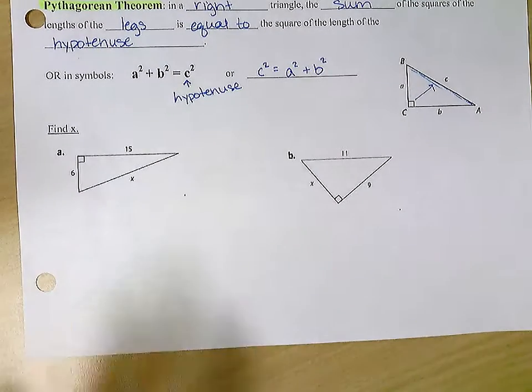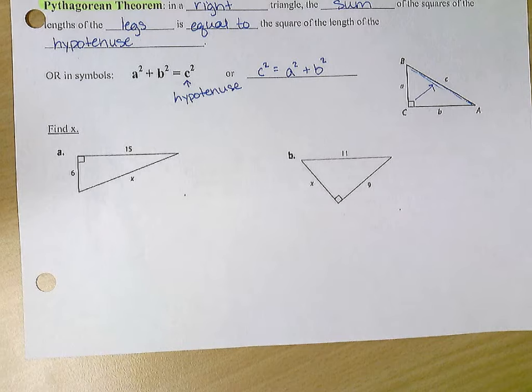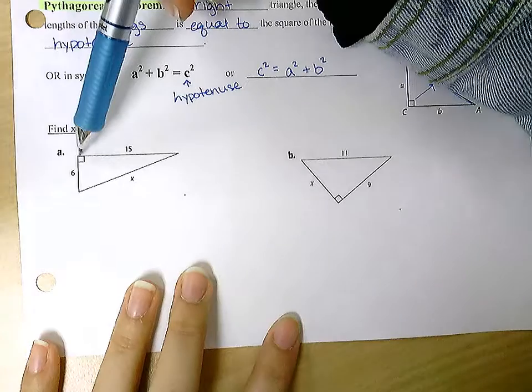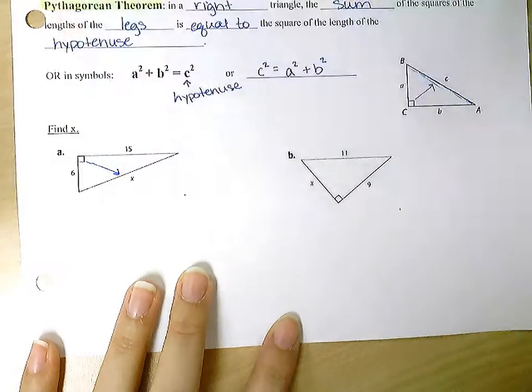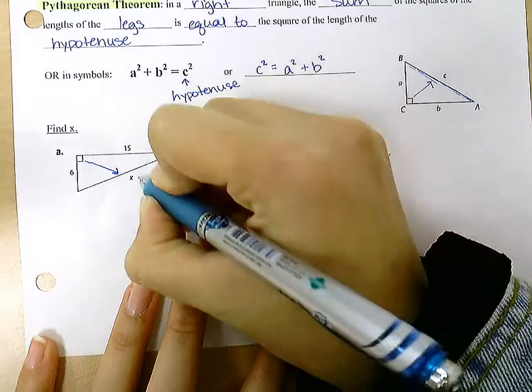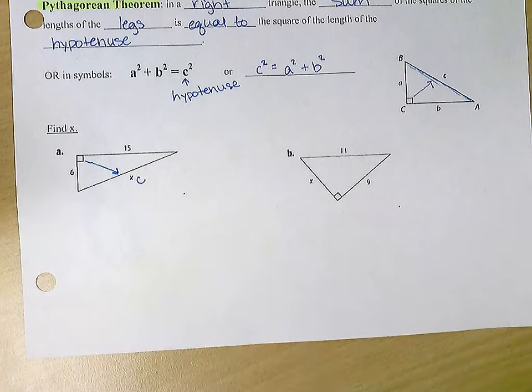All right, so then letter A. First thing I do is locate my hypotenuse, which is my C value. Here I have my 90-degree angle. The side across from that 90-degree angle is your hypotenuse. So that is your C value in our Pythagorean theorem. The other two sides have to be A and B, and again, those can be interchanged.